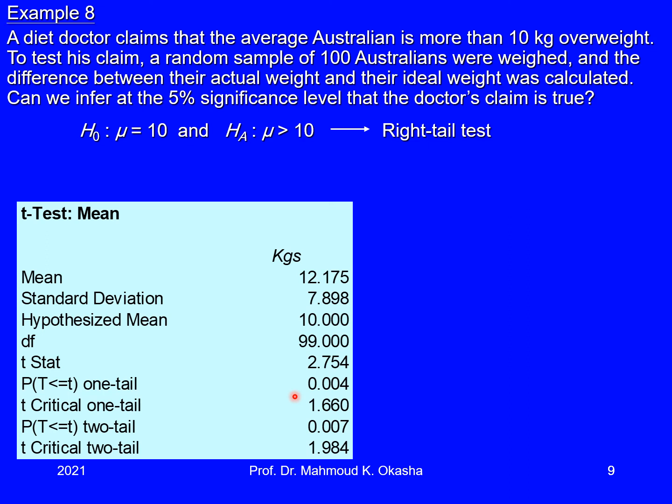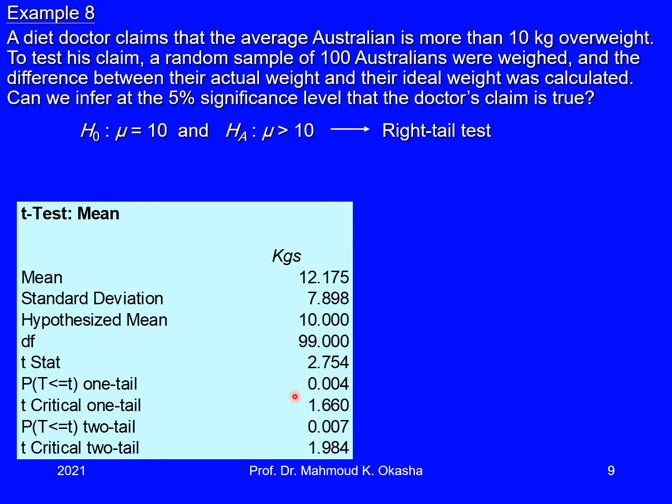Because the t distribution is very close to the Z distribution for large sample size. So if we use Z or T, we get the same result for N greater than 30.